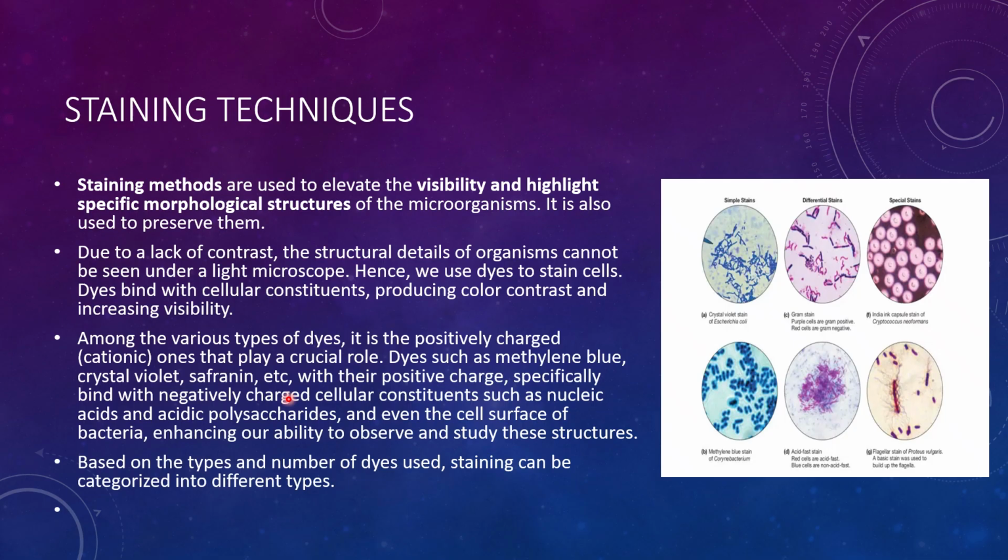It works on the basis of opposite charge: these positively charged dyes are attracted to the negatively charged components of the cell. For example, nucleic acids, acid polysaccharides, and the cell surface of bacteria are all negatively charged. So these positively charged dyes easily attract to the negatively charged components of the cell or bacteria, and hence they give you a good contrast.